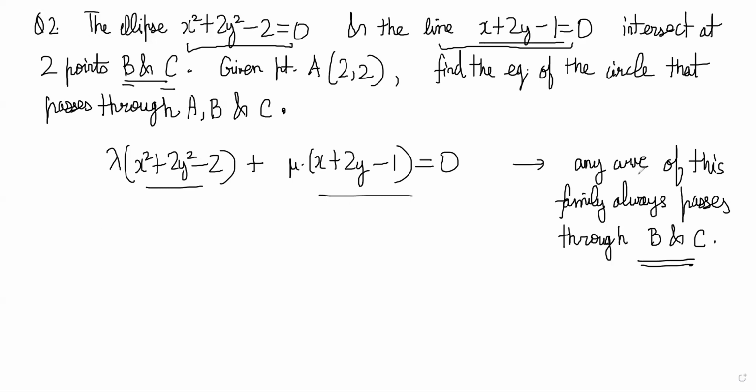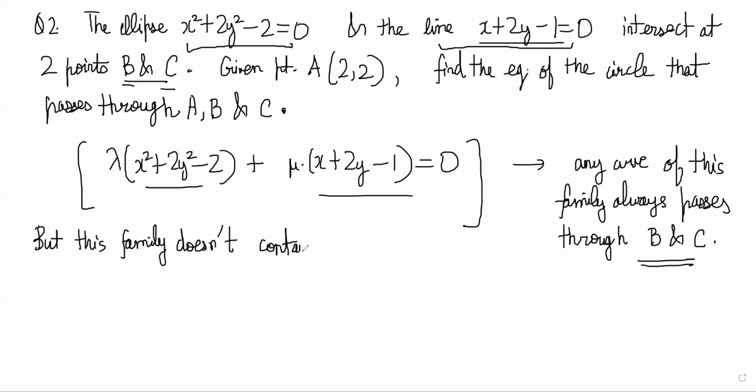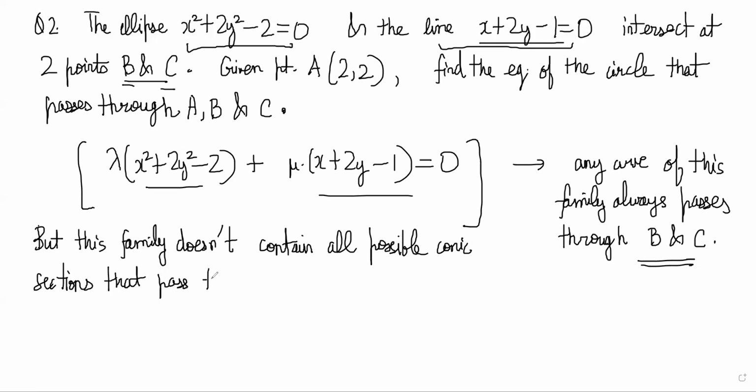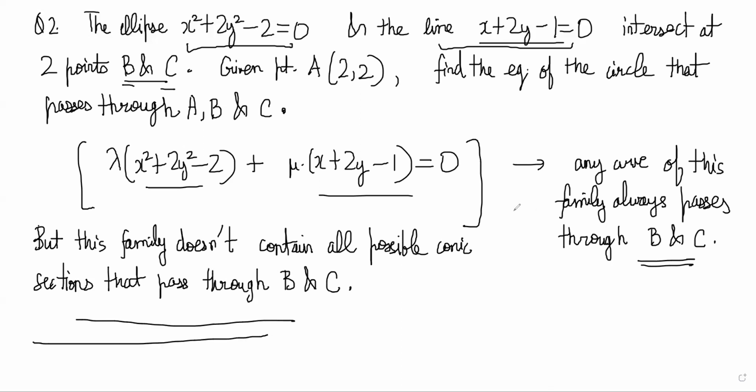But any curve of this form always passes through B and C, but that doesn't mean this family contains all possible curves, all possible conic sections that pass through B and C. You need to make sure that you understand this sentence.